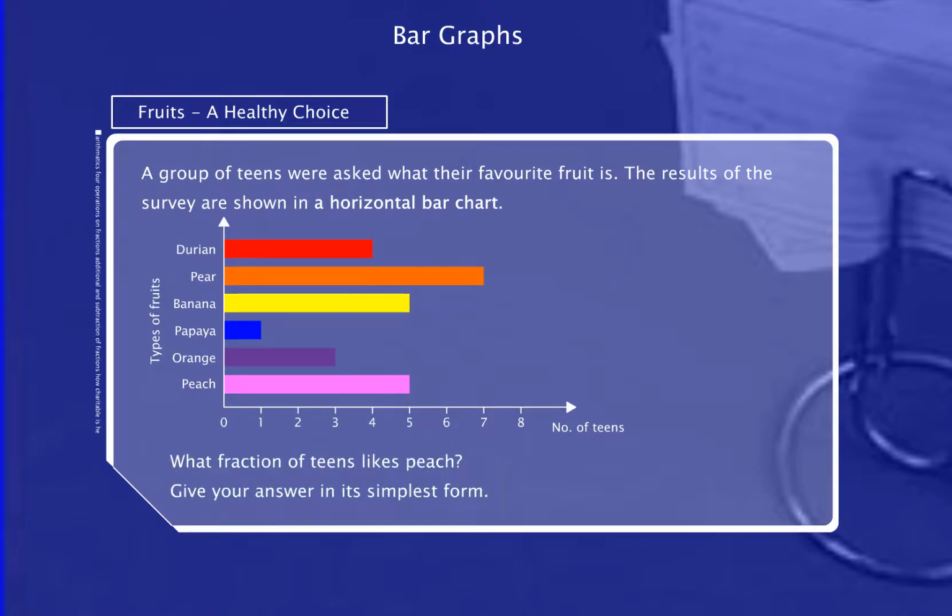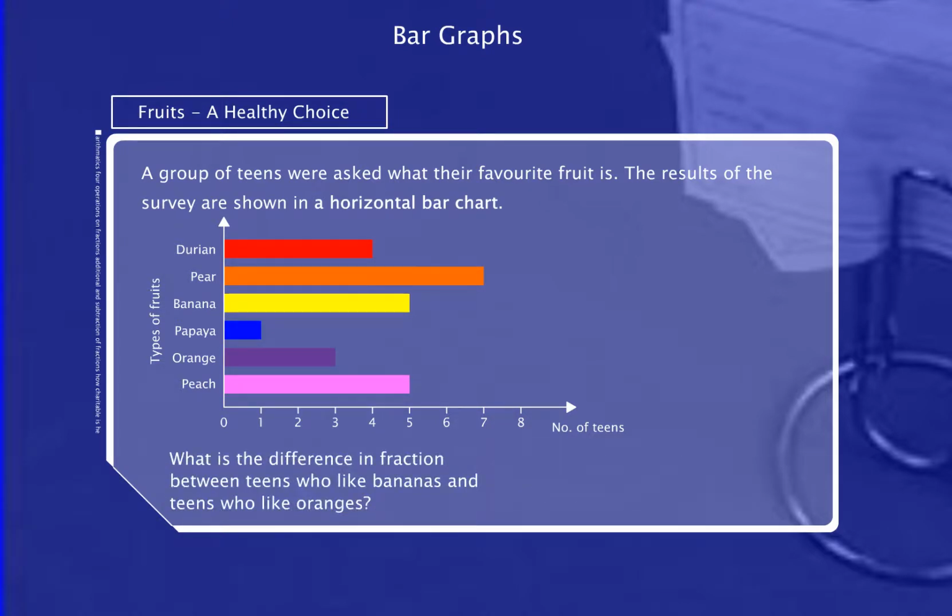What fraction of teens likes peach? What is the difference in fraction between teens who like bananas and teens who like oranges?